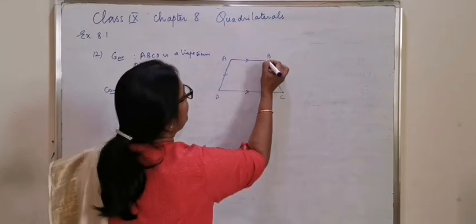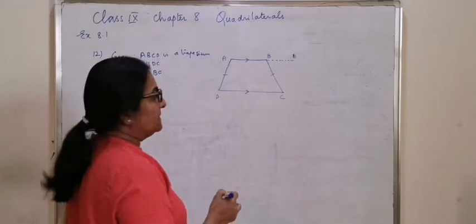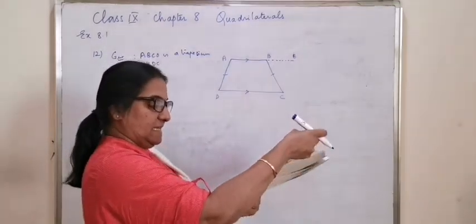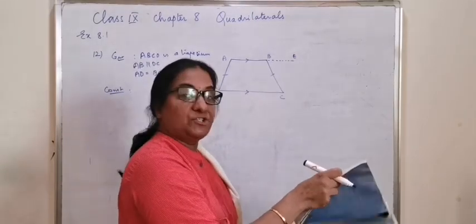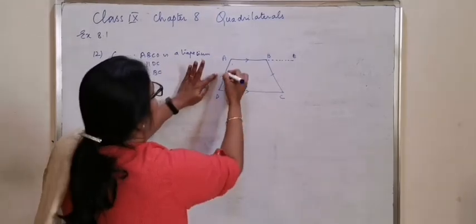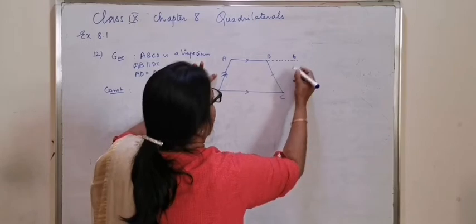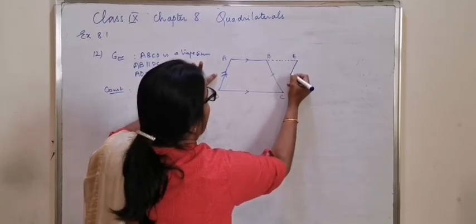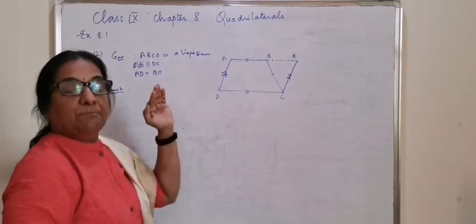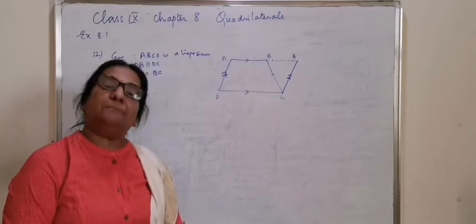Extend AB to the point E and join CE such that it should be parallel to AD, because we need to prove that ADCE is a parallelogram.